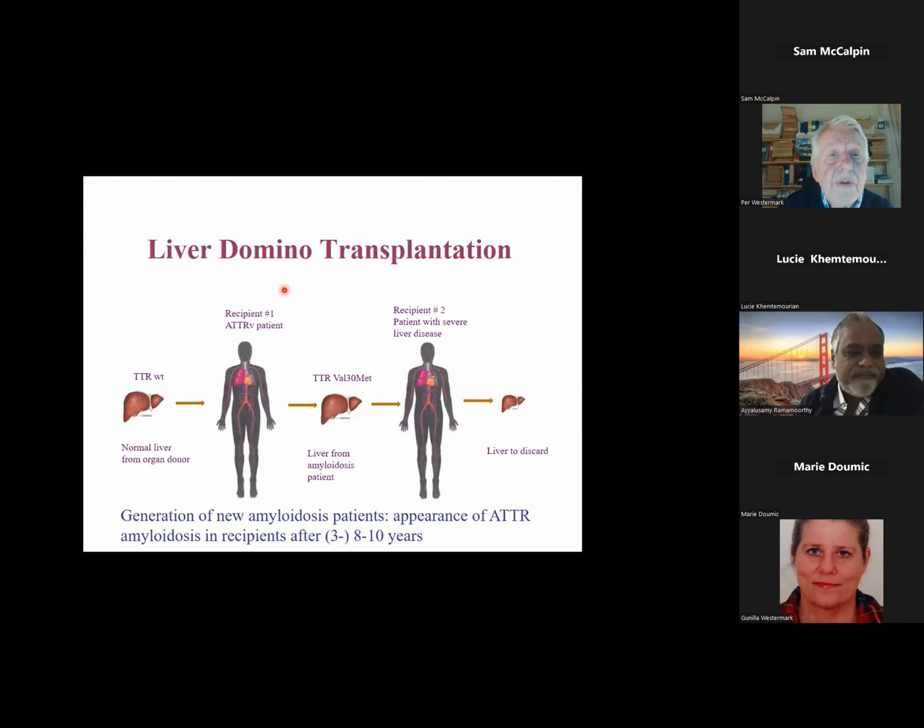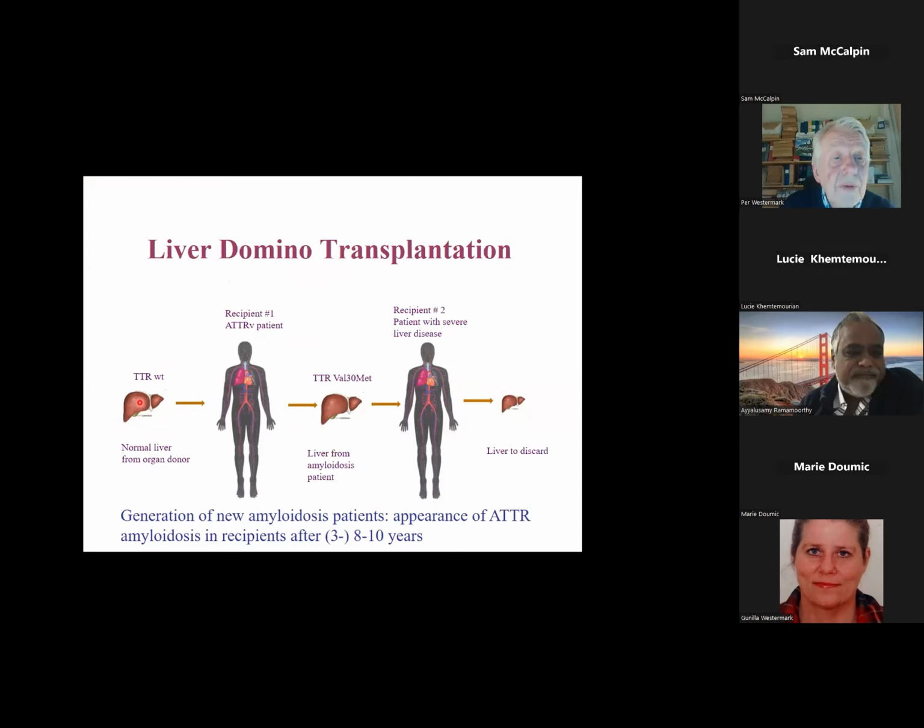And we could get some interesting information from something called liver domino transplantation. Liver transplantation needs, of course, a liver from a deceased patient, from a patient that has died for some reason. And there is always a shortage of livers.